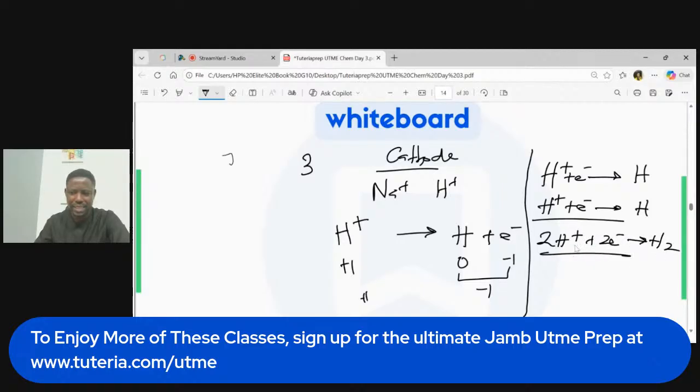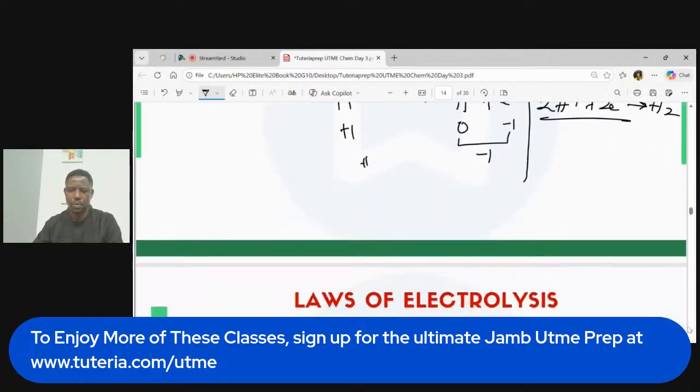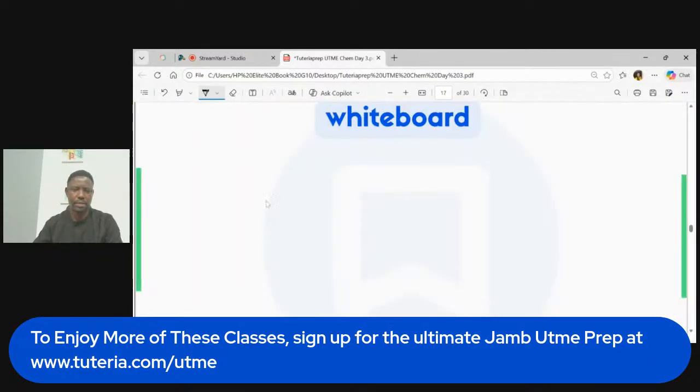So this reaction occurs at the cathode, and hydrogen gas is the product at the cathode.